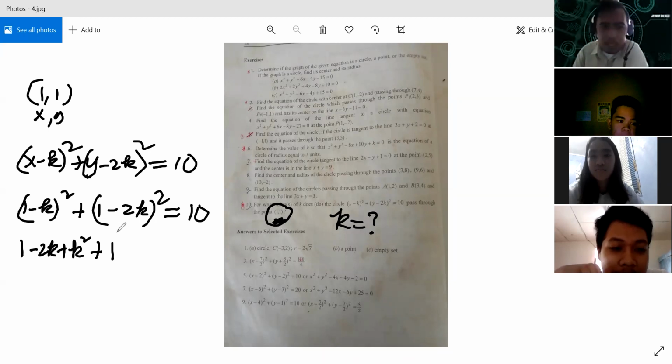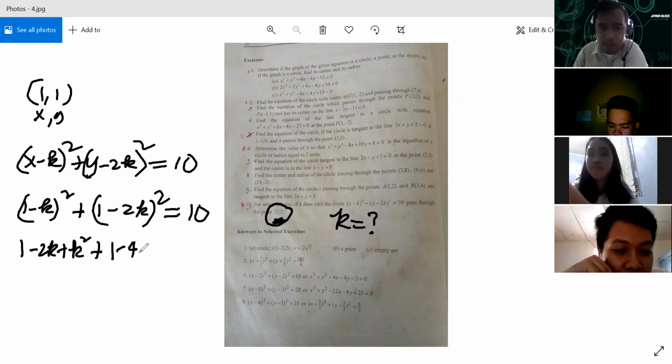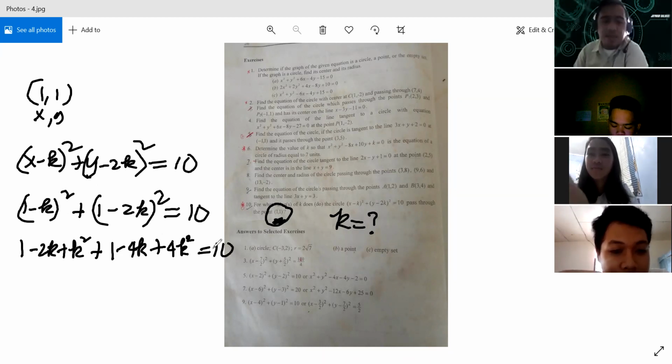So, what is 1 squared? Is 1, right? The product of them is negative 2k times 2, that's negative 4k. Then positive 4K squared. Very good. And that is equal to 10.